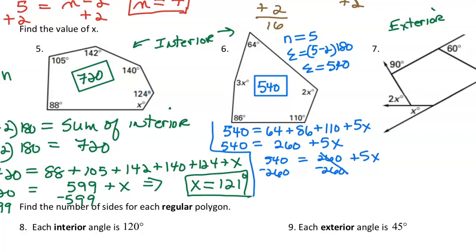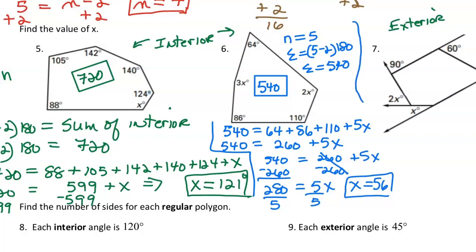Grab the old calculator. 540 minus 260, and I am getting 280. Okay, so this is 280 equals 5x. The goal is to get x by itself. Divide by 5, divide by 5, and x equals 56. Okay, so that's the measure of that missing x value.